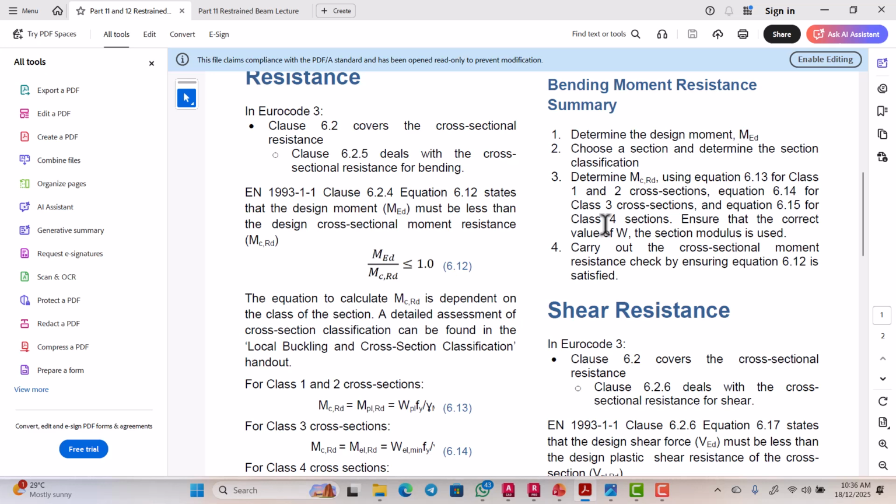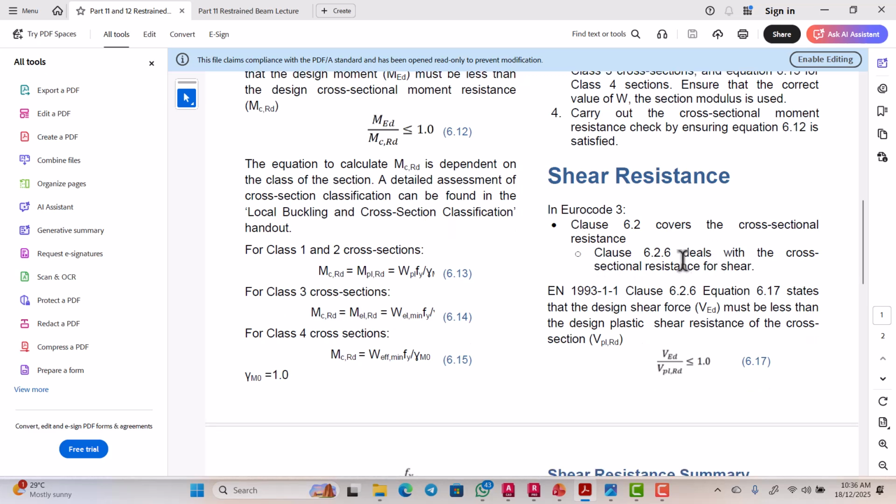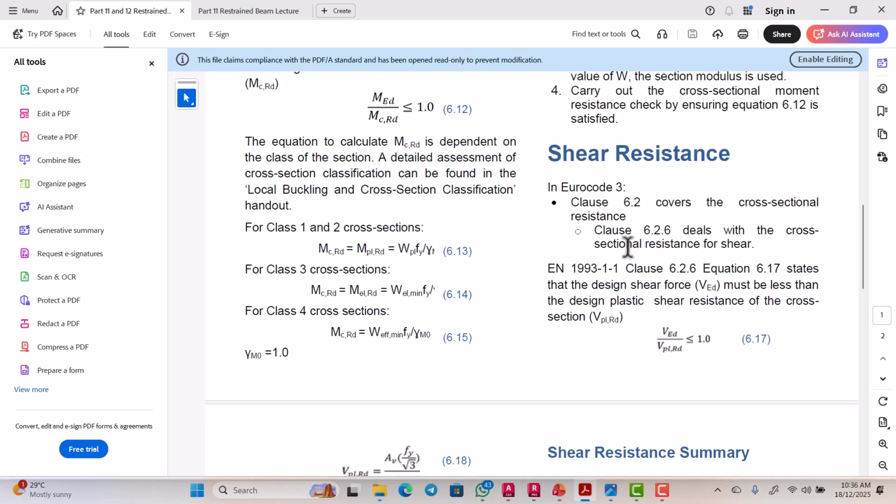The next check is your shear resistance check. This is also clause 6.2, which covers the cross-sectional resistance. Specifically, clause 6.2.6 deals with the cross-sectional resistance for shear.